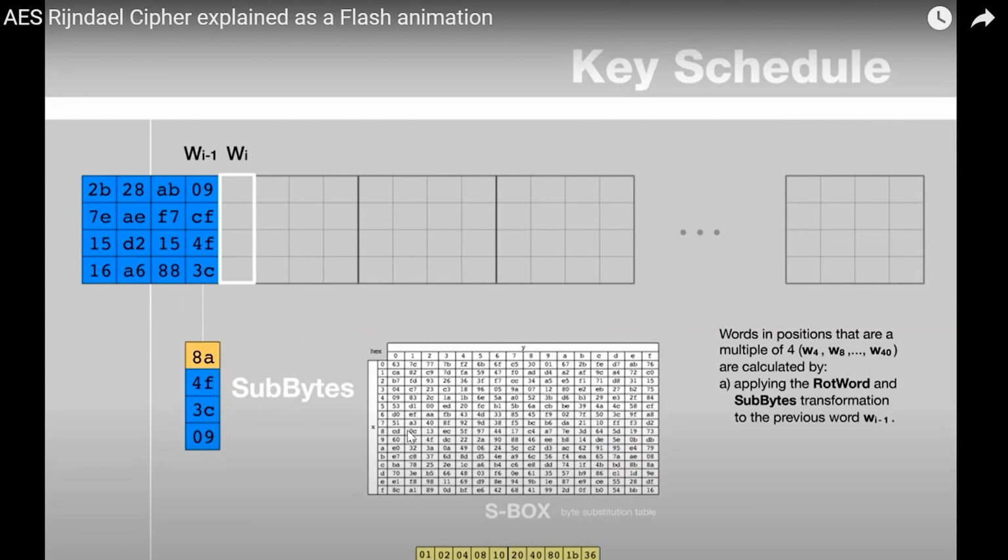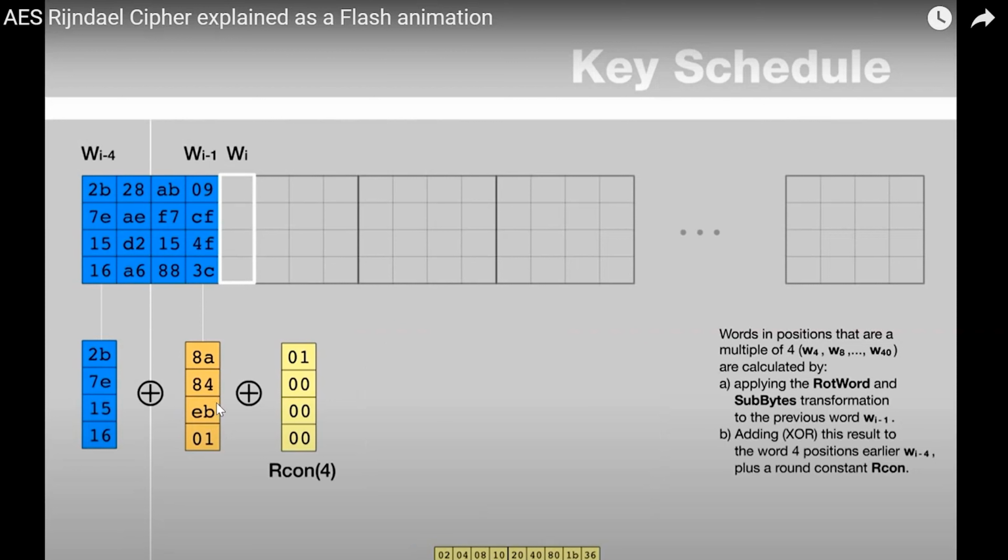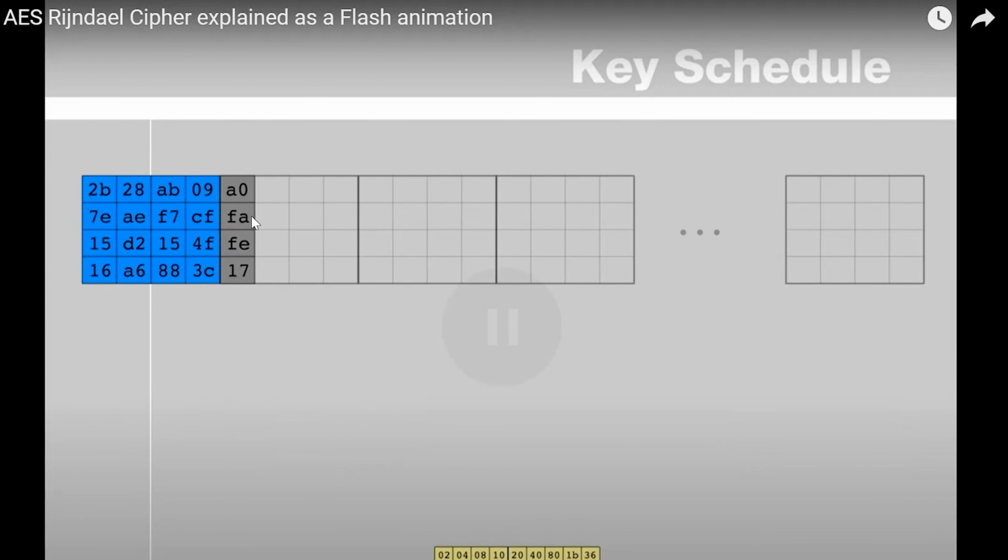I use the same substitution bytes to substitute these bytes, and then I go back and take the word 4 positions behind this word, and XOR it with the value that I computed. I XOR it and add my round constant, and that helps me create a new word. I just generated 1 extra word, like 32 extra bits.